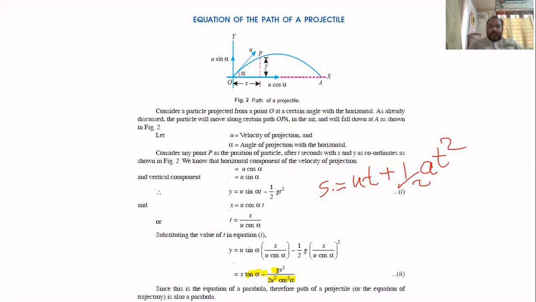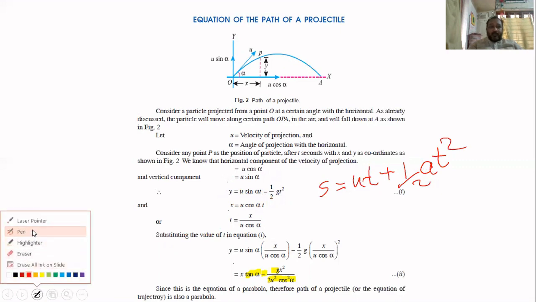Here s is the y coordinate and u sin alpha is the initial velocity u, and a is minus g. So this equation will become y is equal to u sin alpha into t minus half g t square.